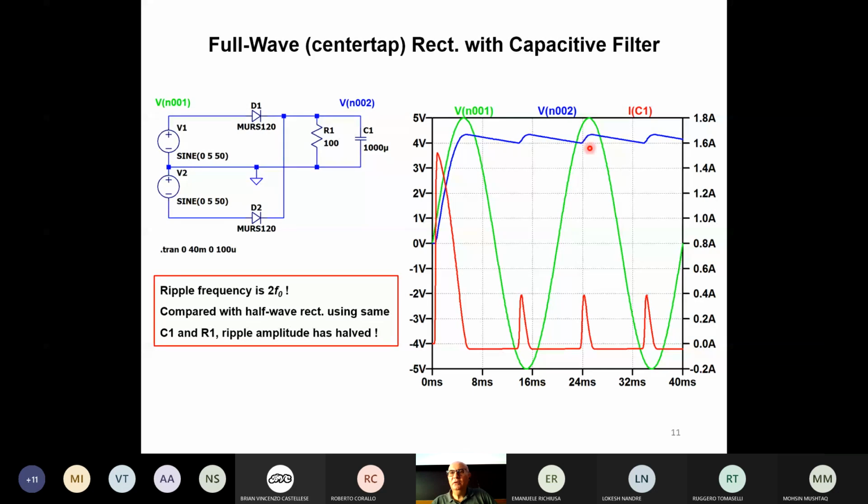That's the time when we have the peak current entering the capacitor, so we have a positive peak. While when the capacitor is discharging here, we have a negative current. You see the current is just below 0 amps, meaning that the current is coming out of the capacitor and going to the resistor.